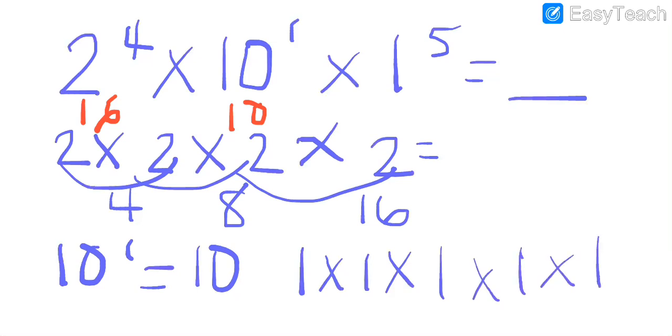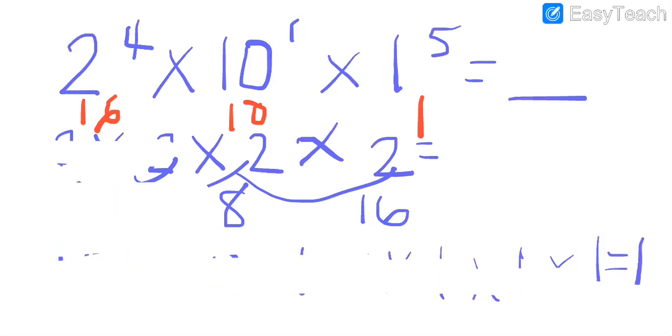But we know that 1 times 1 is 1, 1 times 1 is 1, 1 times 1 is 1, and 1 times 1 is 1. So that was pretty easy. All right, now I'm going to erase some of our work down here below so we can do our final answer here.